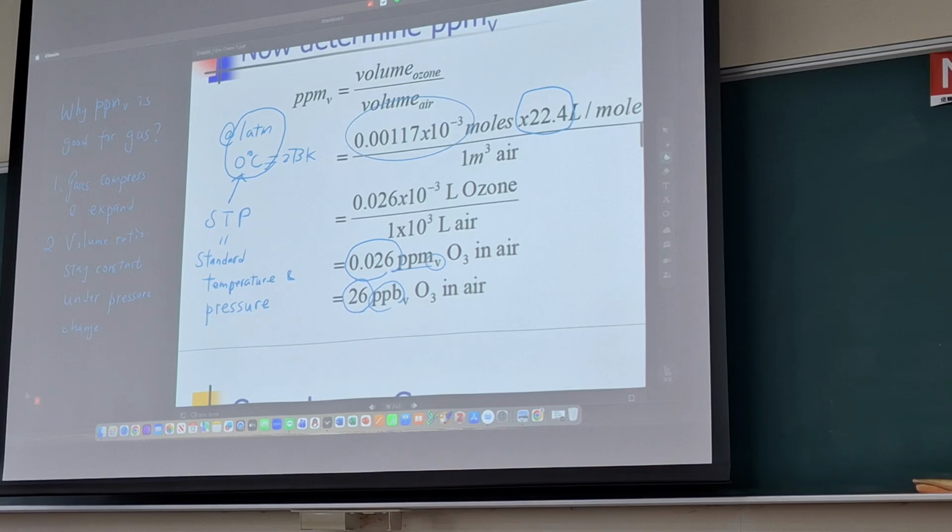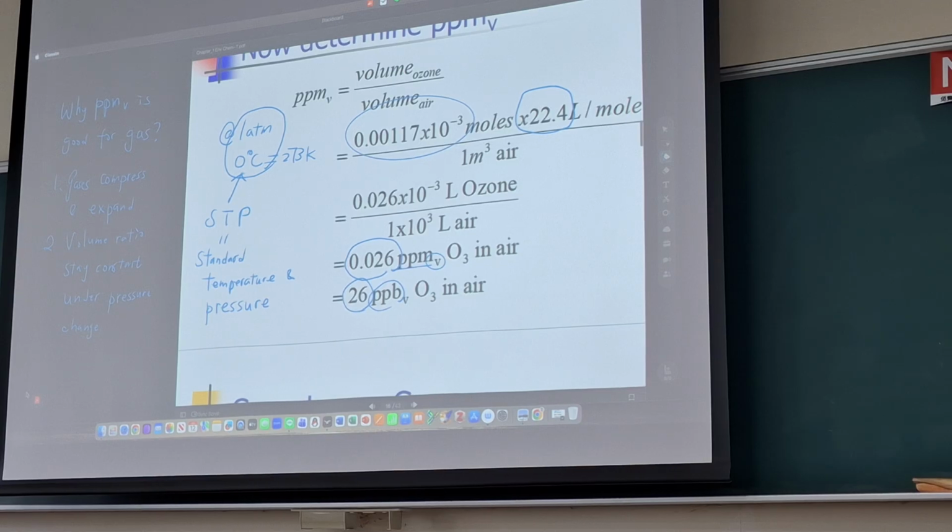If we use mass basis, the pressure changes will affect the mass, so the ppm with subscript m will change all the time.